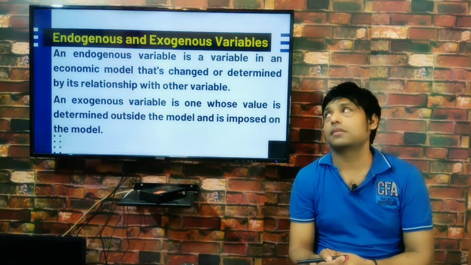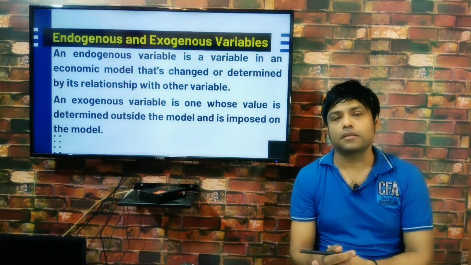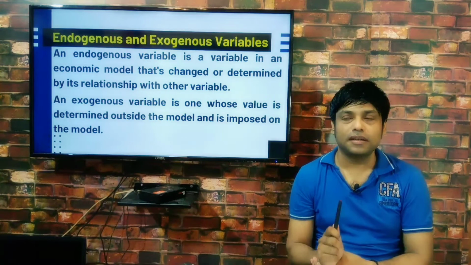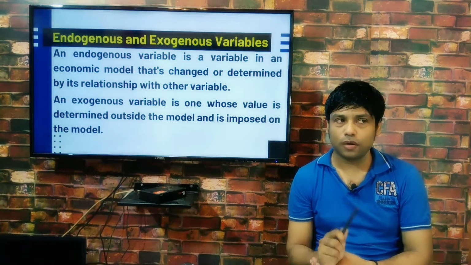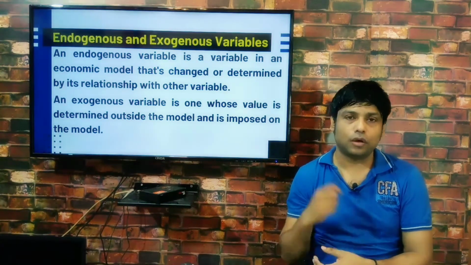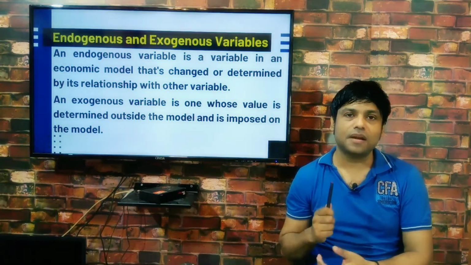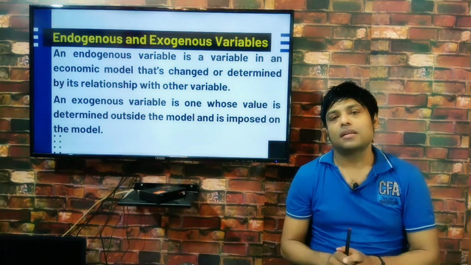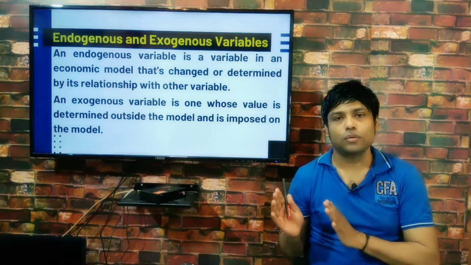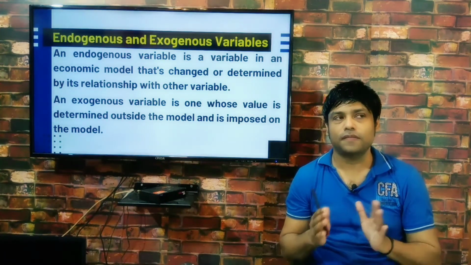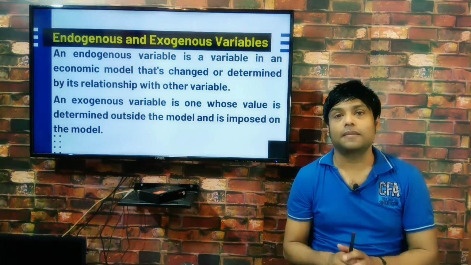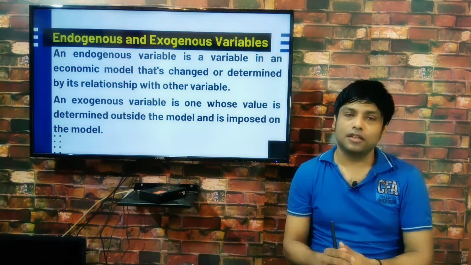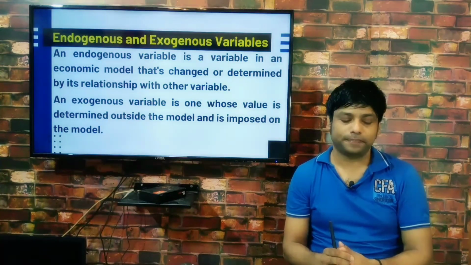Now, endogenous and exogenous variables. The variables which are internal to the economic system and constitute an integral part of the system or the model are known as endogenous variables. If the variables are external to the system, these are regarded as exogenous variables.